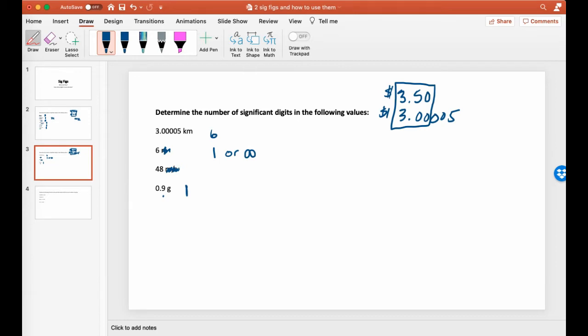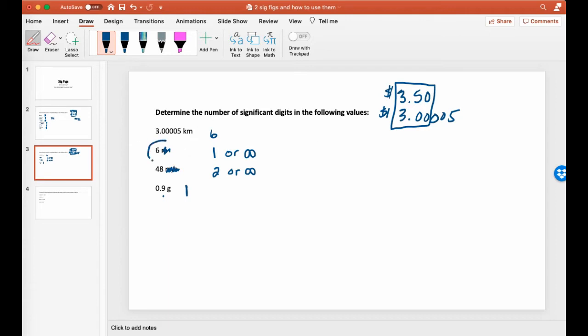The answer for this one is 2 or infinite. All right. And so now let's think about this for a second. Why is it infinite? I mean, that means the number can keep going and going and going.